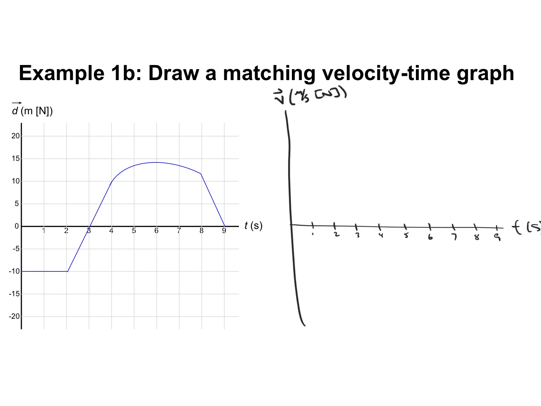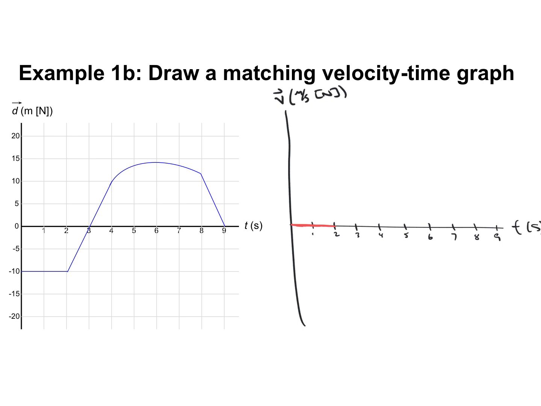And then section by section, I'm going to try to remember what I said from before and draw it out. So the first 2 seconds, it was at rest. When it's at rest, it's simply a velocity of 0. Okay, at rest is the velocity of 0. So this is the first 2 seconds.